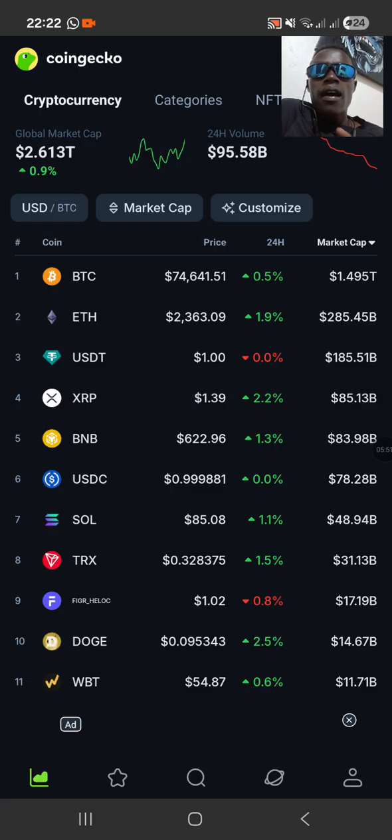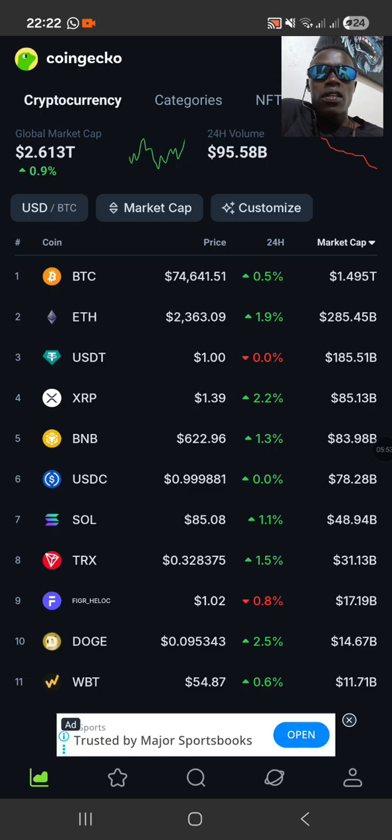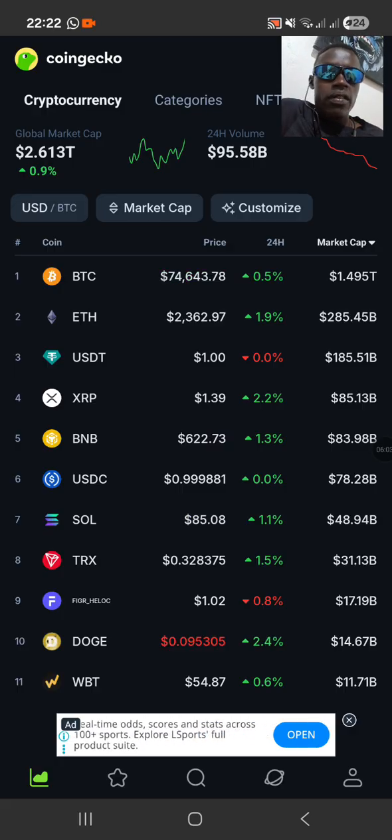A coin, like Bitcoin, is under a blockchain. So we have the Bitcoin blockchain, and the coin is Bitcoin. We have the Ethereum blockchain, and the coin is Ether. We have XRP, which is Ripple, and the coin is XRP.